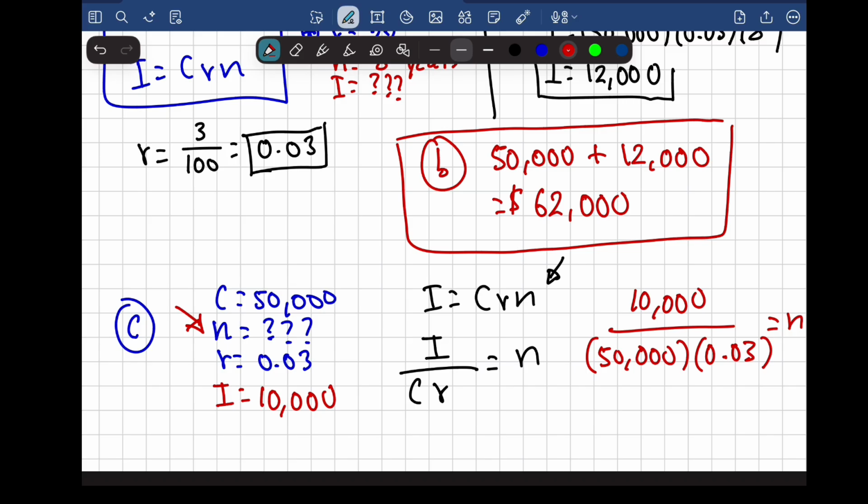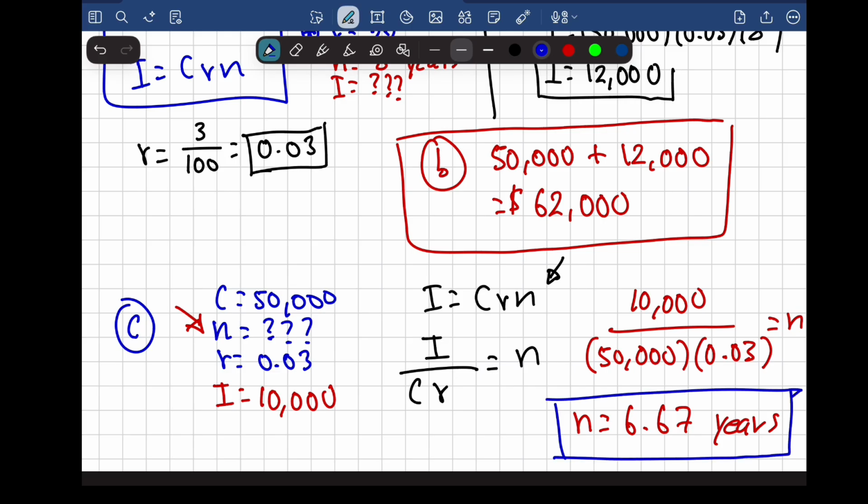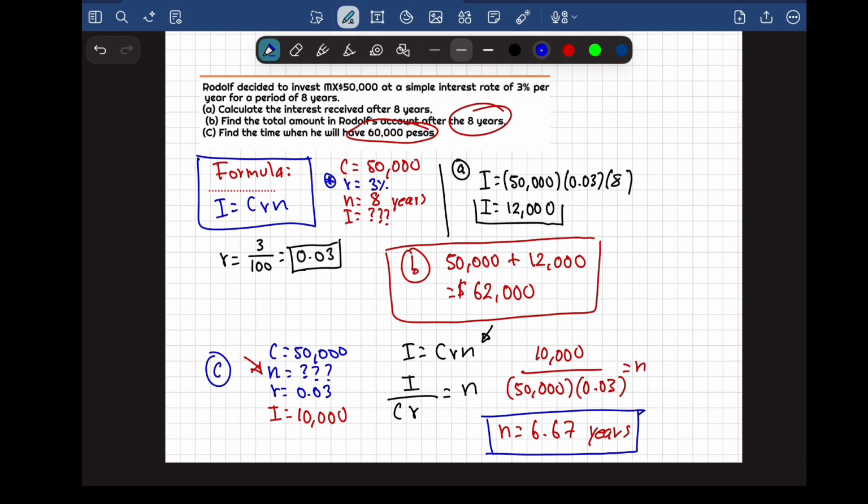In this case n is going to be 6.66, so we can round this up to 7 years. You need to be very careful, because here we can use decimals in order to have exactly these 60,000 pesos. And that's it. This is the simple interest.